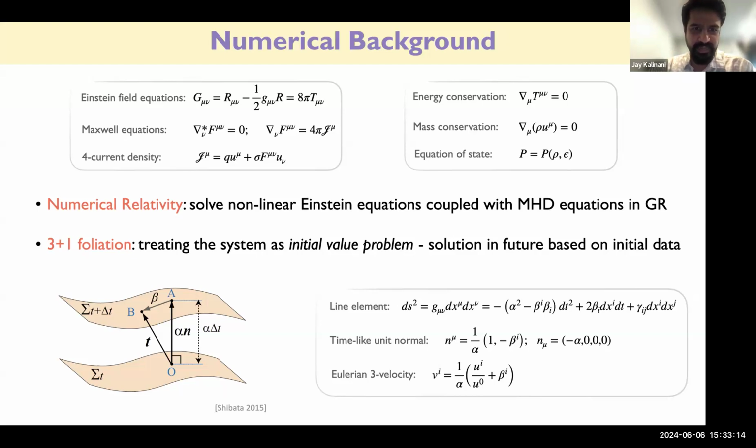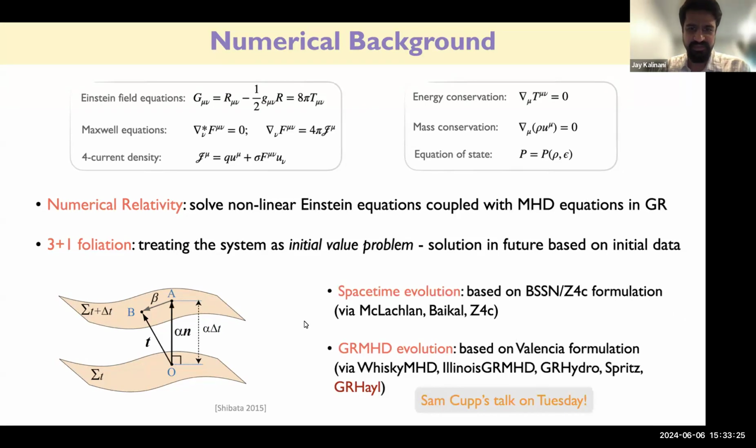And the standard approach that most of the codes follow is this 3+1 technique, which has been extensively talked about. So typically, for space-time evolution, which is based on BSSN or Z4C or your favorite formulation, there are thorns in the Einstein Toolkit, such as McLachlan, Baikal, Z4c, etc. And for GRMHD evolution, which are typically based on these Valencia formulations, we also have different state-of-the-art codes such as WhiskyMHD, IllinoisGRMHD, GRHydro, Spritz.